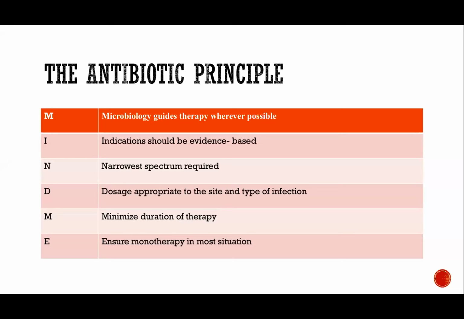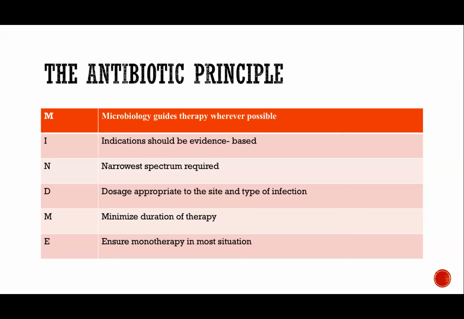The guidelines for various medical conditions, such as UTI, community-acquired pneumonia, and hospital-acquired pneumonia, are developed according to that evidence base. The other thing is trying to use the narrowest spectrum possible.